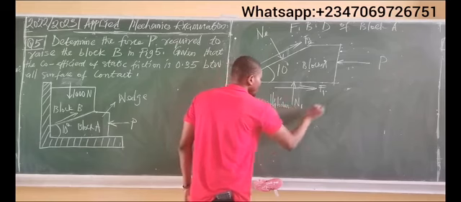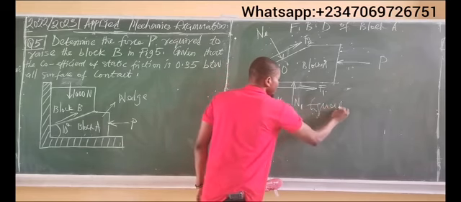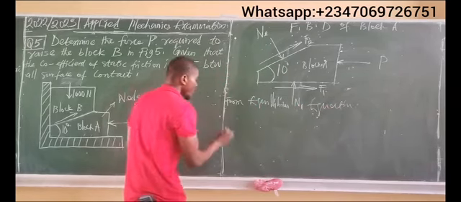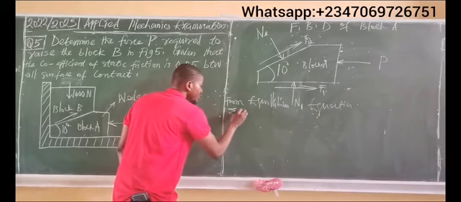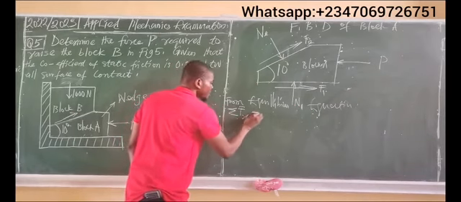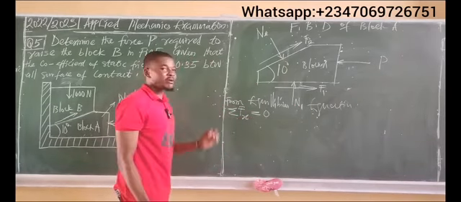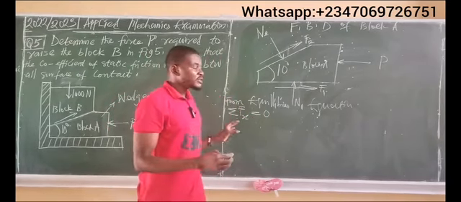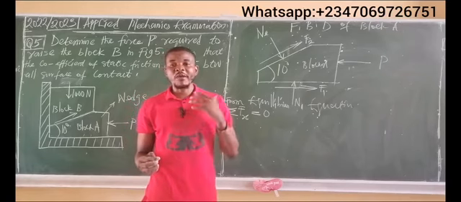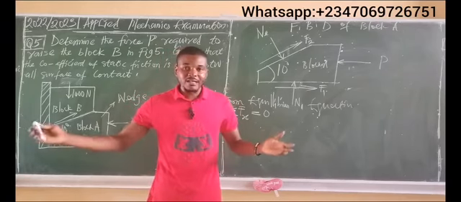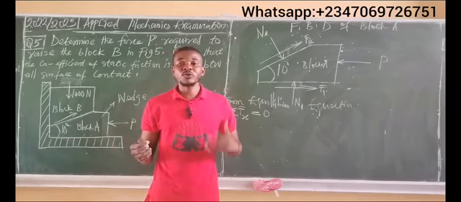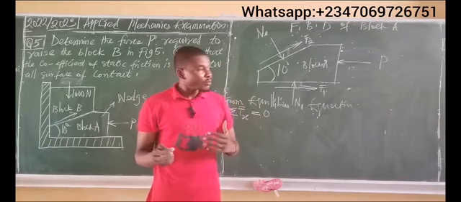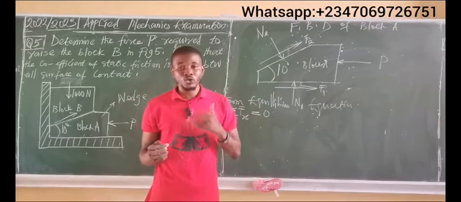From the first equilibrium equation, we have the summation of horizontal forces, summation Fx equal to 0. Now, when we did shear force and bending moment, I said summation Fx equal to 0 with forces that point to the right positive and forces that point to the left negative. But in the case of friction, it is not so.